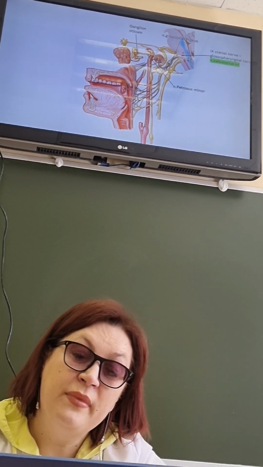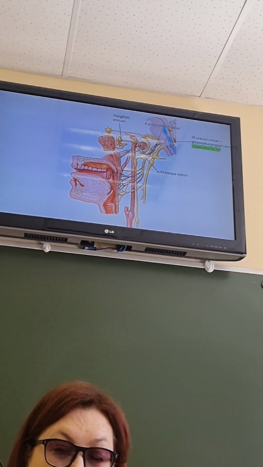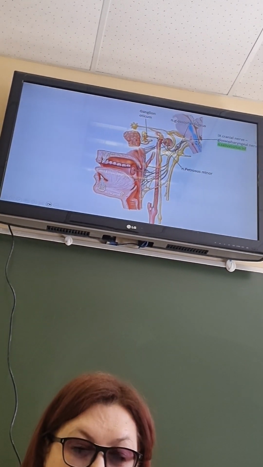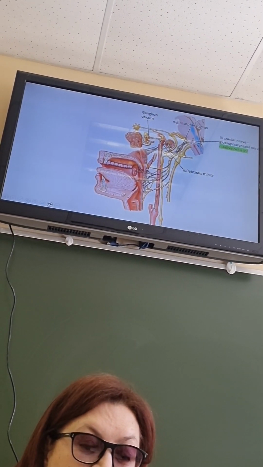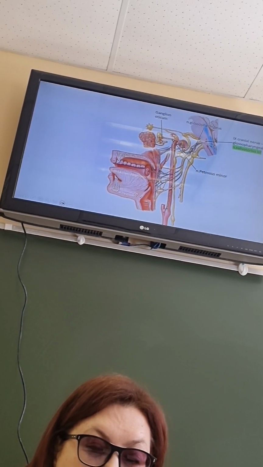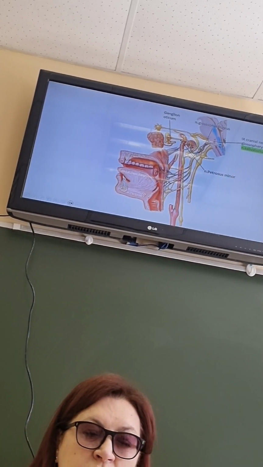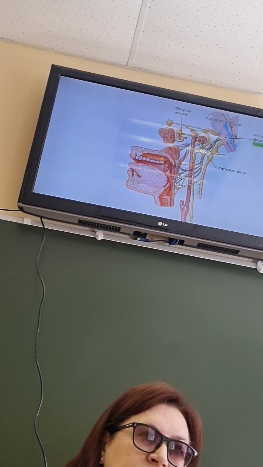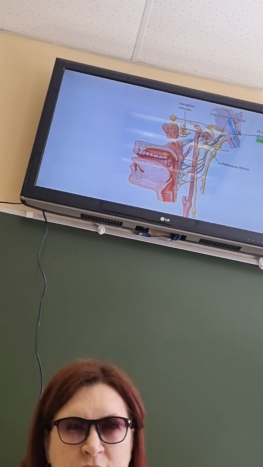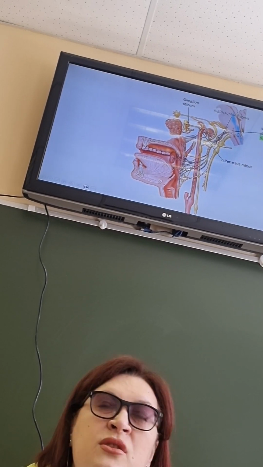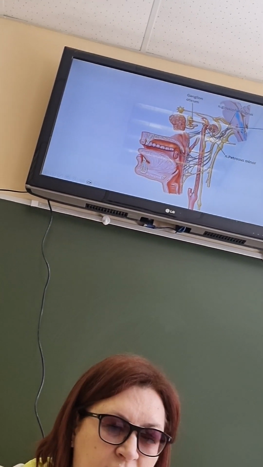bulbar center, inferior salivatorius nuclei is the nuclei of the glossopharyngeal nerve, ninth cranial nerve. The preganglionic fibers from the salivatorius inferior nuclei pass together with sensory and motor branches, leave the cavity of the skull through the jugular opening and form the mixed nerve, tympanic nerve.